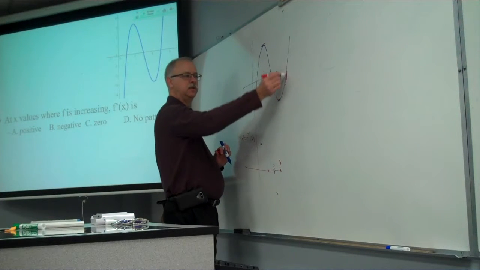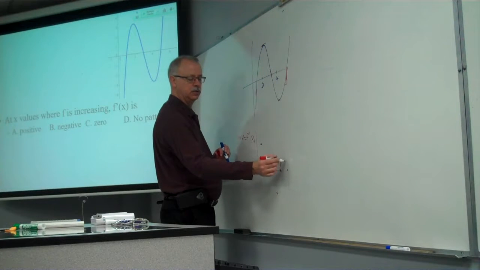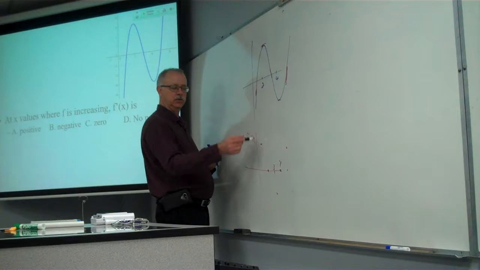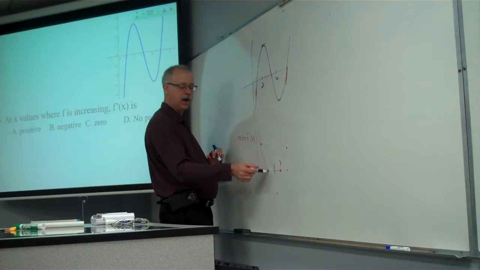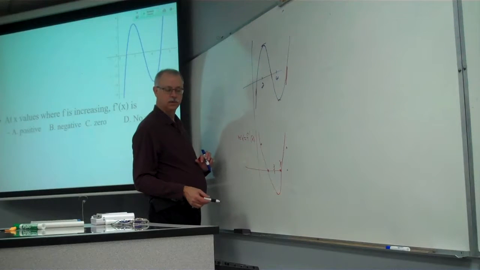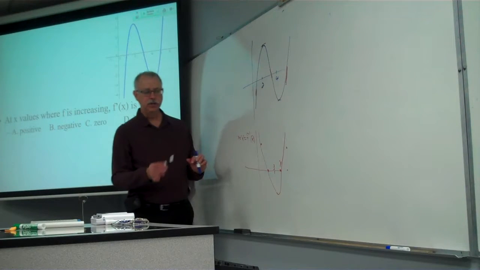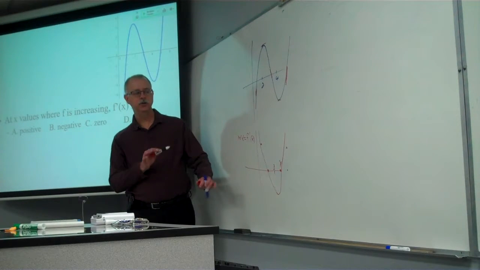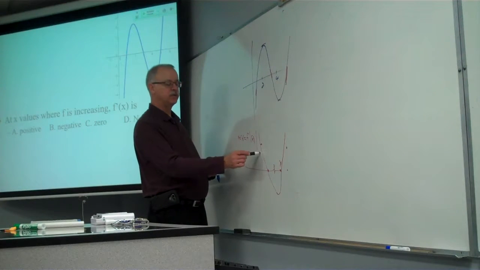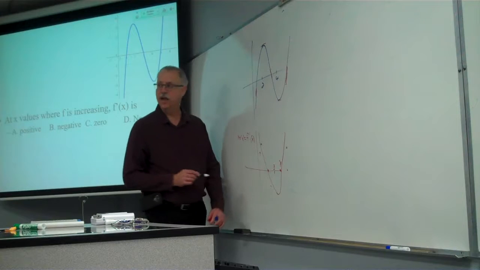And at 5, the slope was back to positive. So we can get some sort of graph of the derivative. And when we were doing this back in section 2.2, our big interest was, let's make sure we know where the derivative is positive and where the derivative is negative.